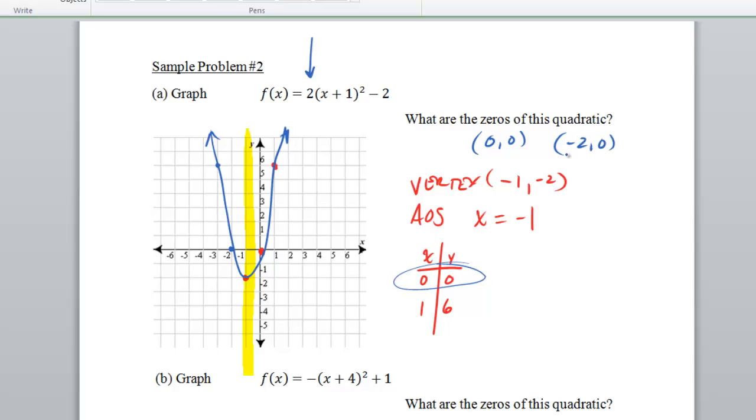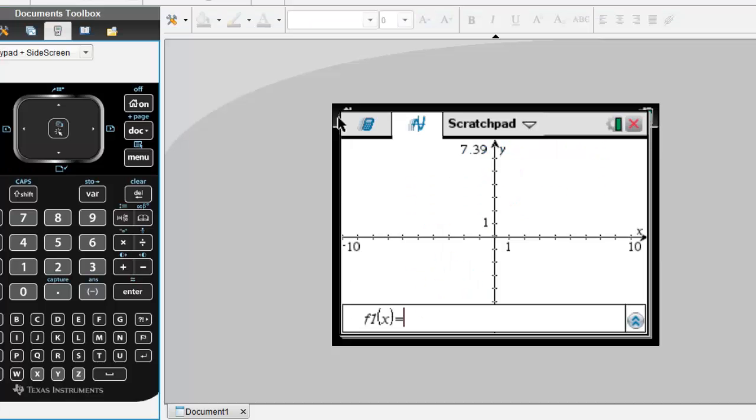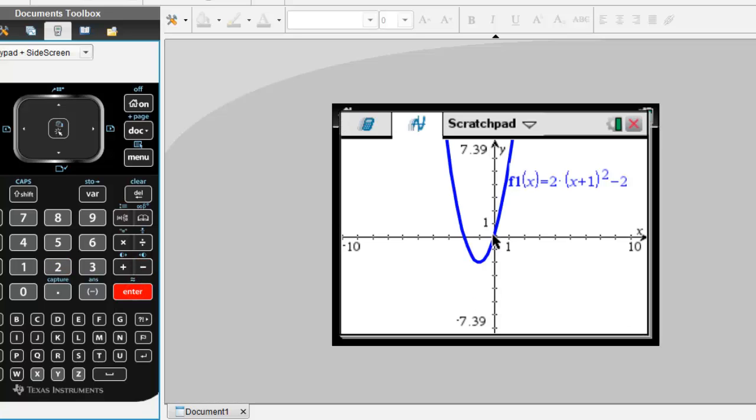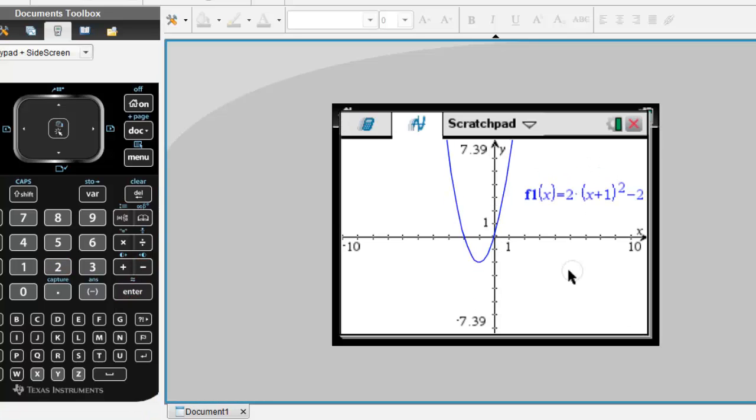Now, of course, as always, we can use our calculator to help us out with this if we have it available. And we just simply punch in the given information the way it was given to us. And you can see that that looks very much like what we graphed on our notes.